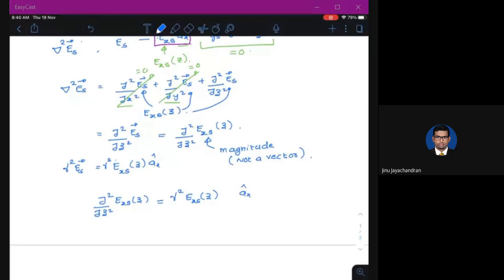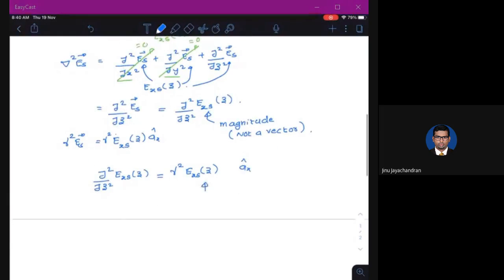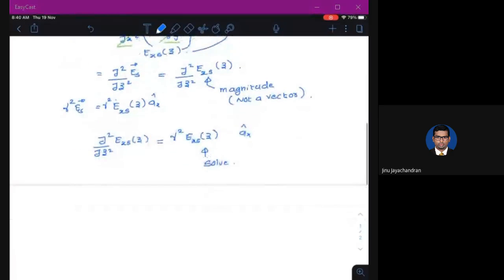Fine. So we want to solve this equation. And you can see that the solution of this equation is similar to that which we derived in transmission lines. The solution is given as Exs of z is equal to E0 e raised to minus gamma z plus E0 dash e raised to plus gamma z.